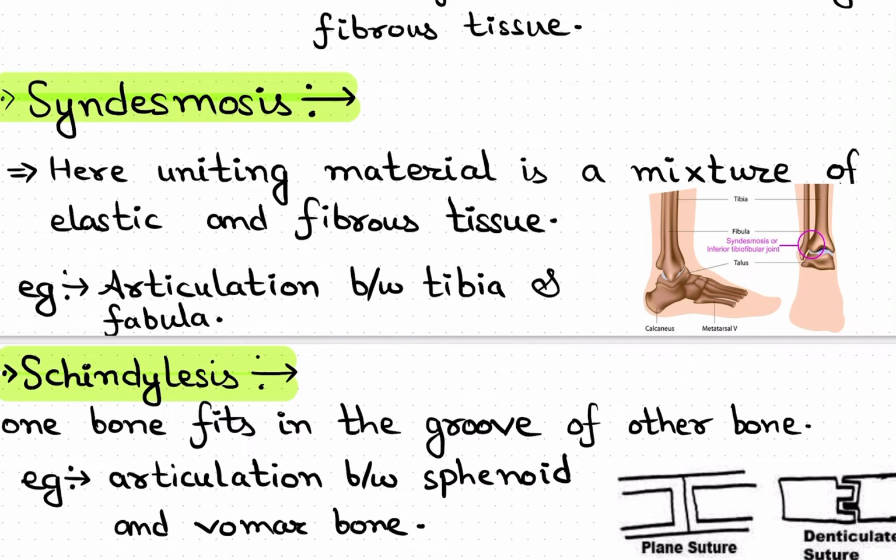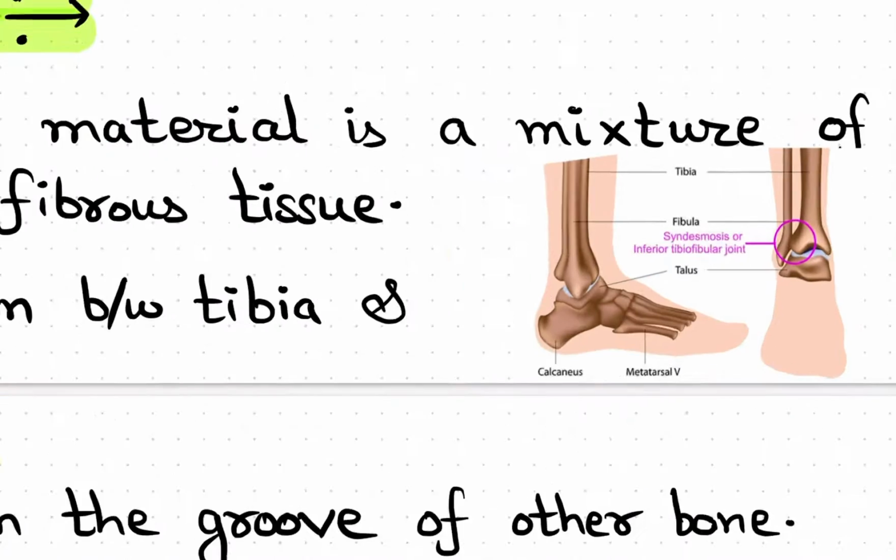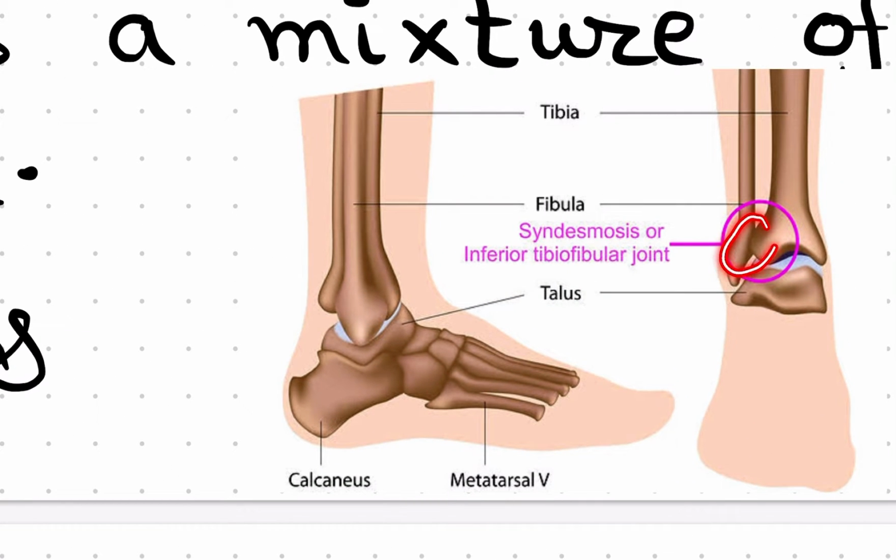Now you have to remember that syndesmosis is a type of joint. It joins two bones. Like here you can see tibia and fibula are joined by syndesmosis. So syndesmosis is a type of joint between tibia and fibula. Okay.